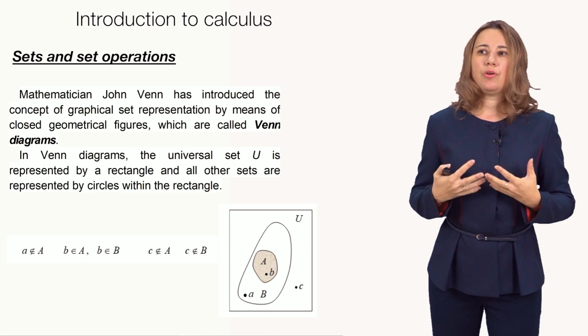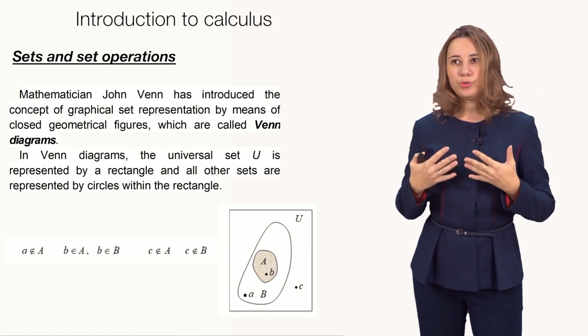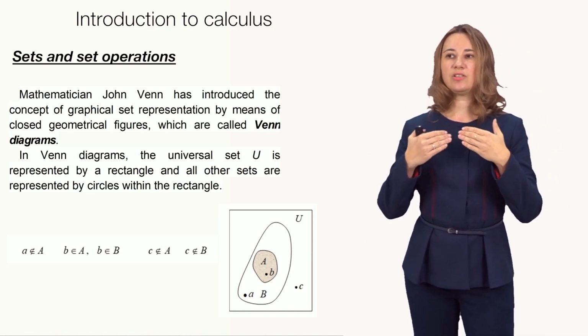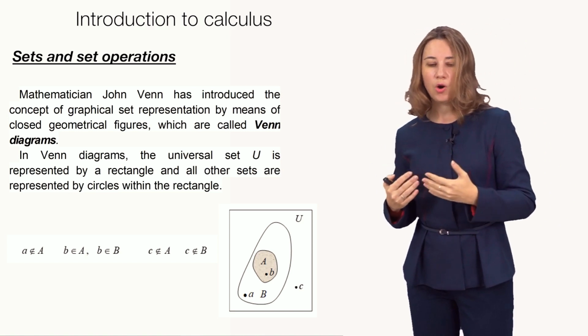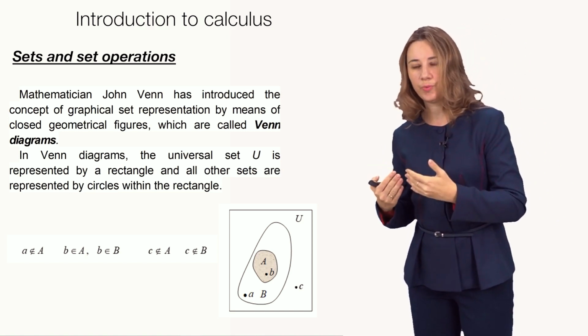The negation of set membership should be read as "is not element of" or "doesn't belong to."